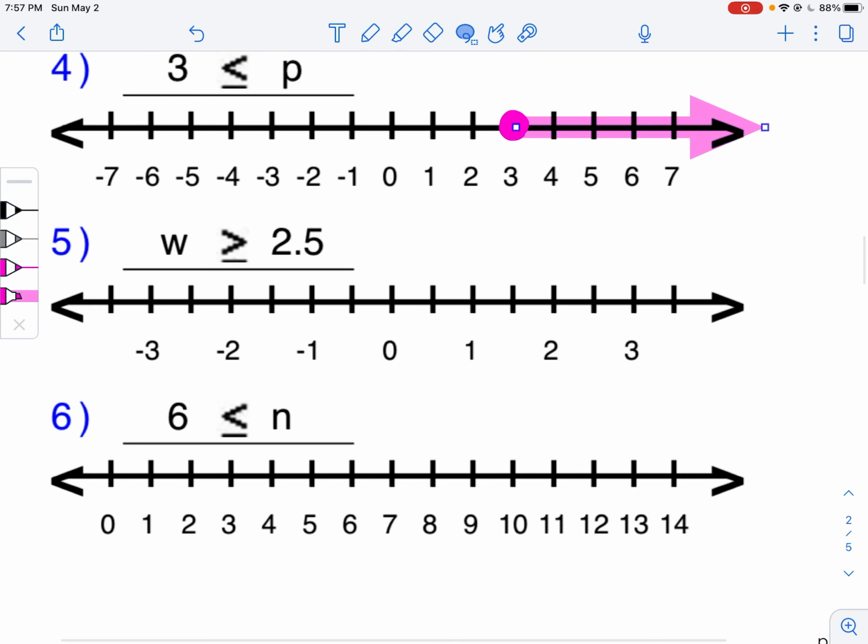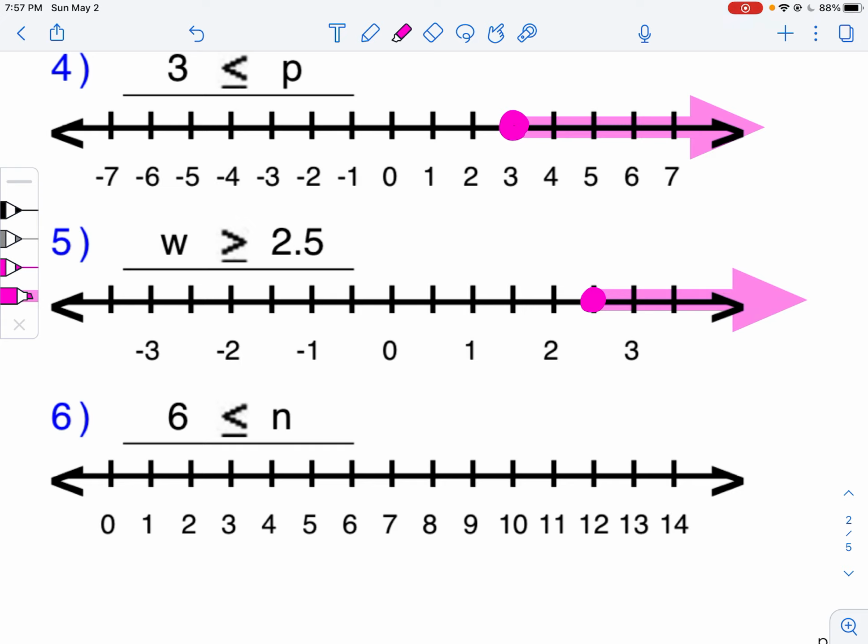Okay, this time we have w is greater than or equal to 2.5. Since we've got that equal to, that's going to be a solid circle at 2.5. Now is 0 greater than or equal to 2.5? No. Is 3 greater than or equal to 2.5? Yes. So we're going to go towards 2.5. Oh, come on, arrow.